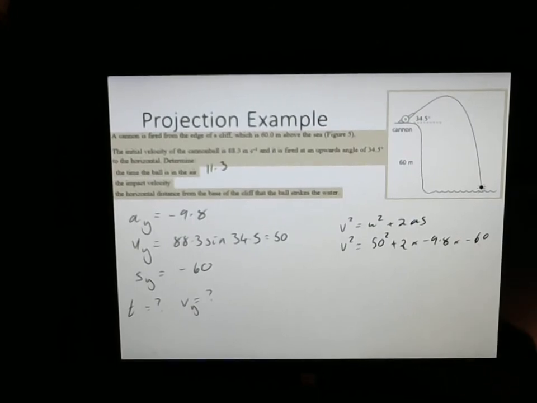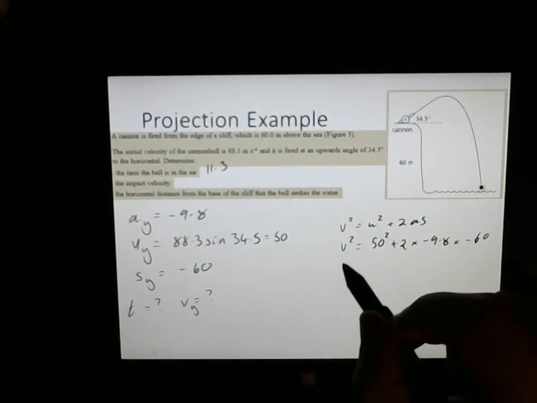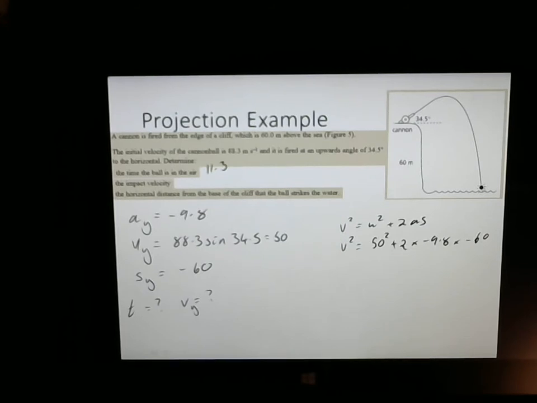The negatives will cancel, which makes sense because I expect this to be bigger than this, since it's going to increase in size. Alright, let's plug this in. 50 squared plus 2 times 9.8 times 60 equals... now we have to take the square root of that.